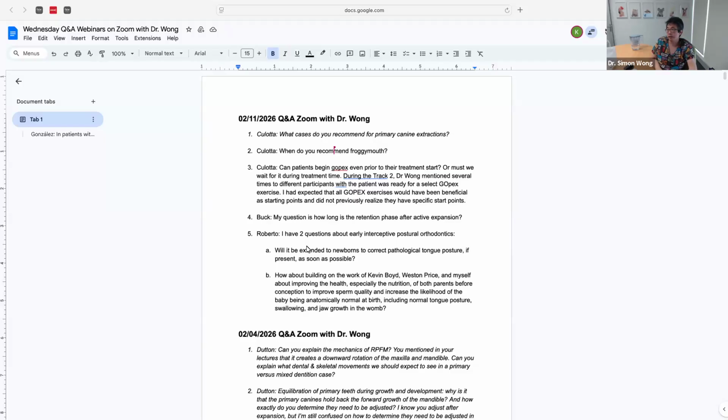Next question is, can patients begin GoPex even prior to their treatment start? Or must they wait for it during treatment time? So GoPex works on improving a child's resting posture by focusing on refining their function in meals and in regular conversation speech.